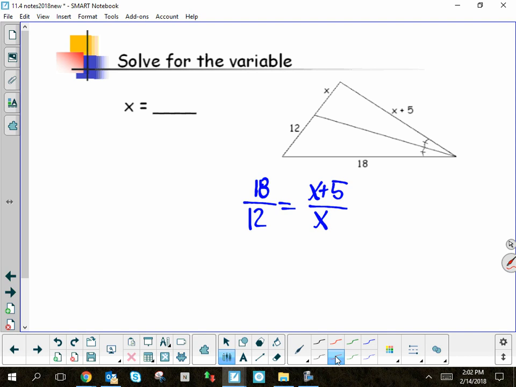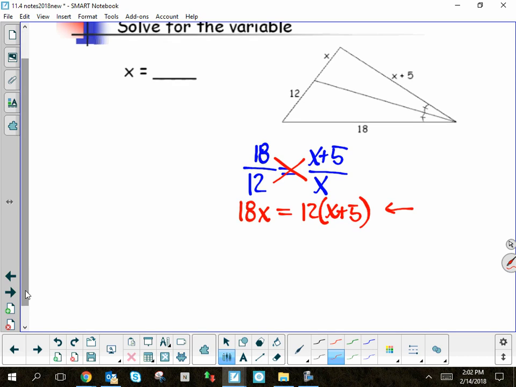Okay, and so you just have to cross multiply. 18 times x is 18x. That equals 12 times x plus 5. You can skip this line if you remember to do the distributive property.